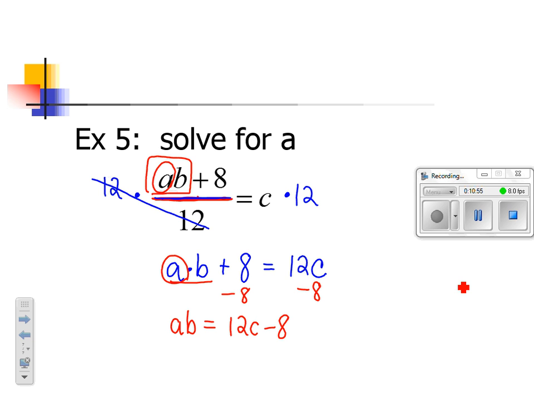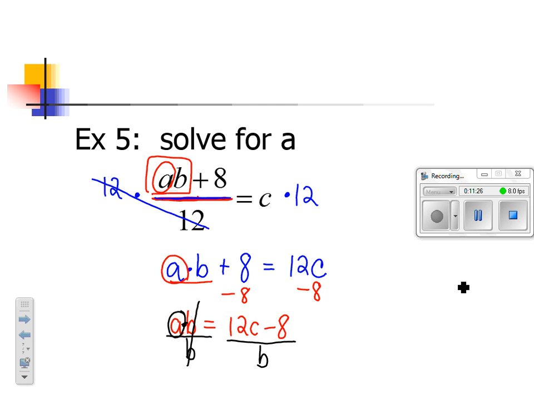Still don't have A alone. So now, what is the operation that's happening between the A and the B, which is multiplication? The inverse of multiplication would be division. So we're going to divide both sides by B because we want to get A alone. We divide by B on the right, or excuse me, on the left, they cancel.